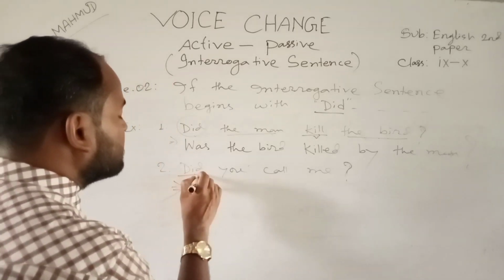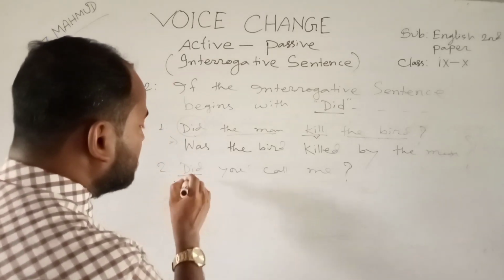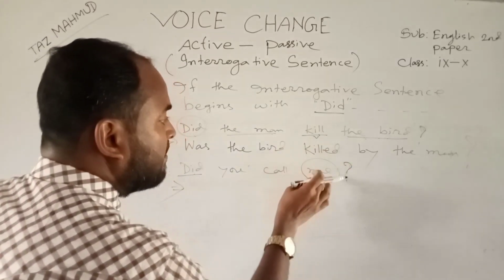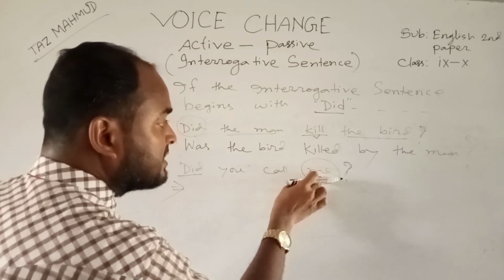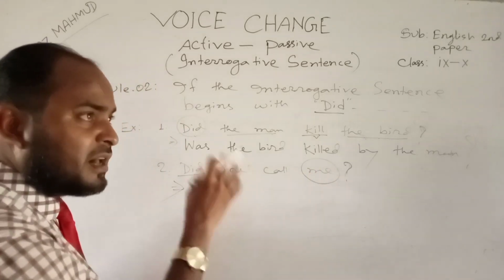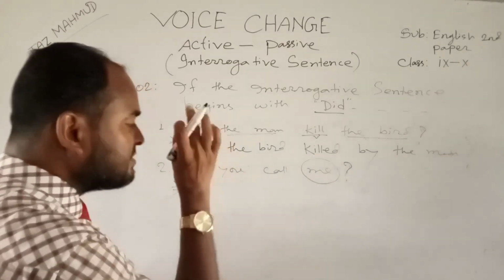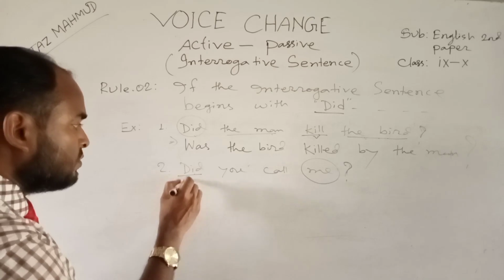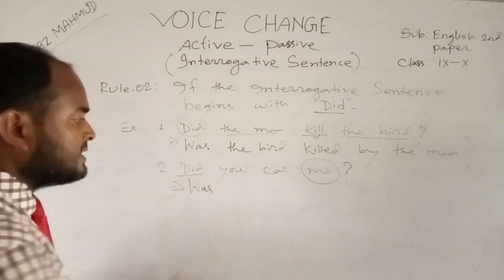So this is an interrogative sentence. Now at first we have to write was or were, and the object me we shall write as subject of passive sentence. I is first person, so we shall write was.